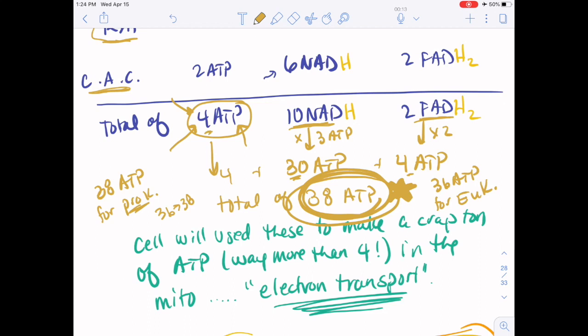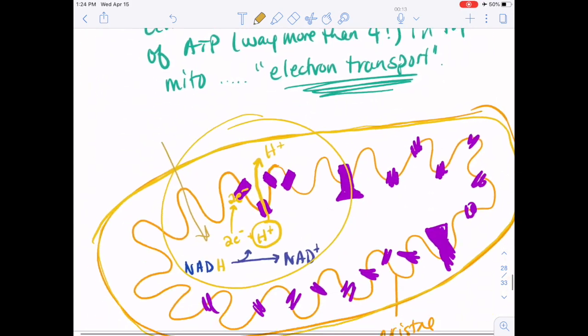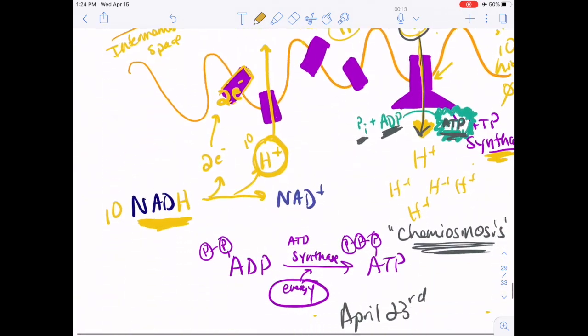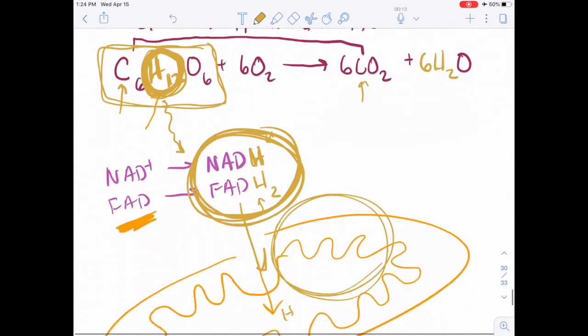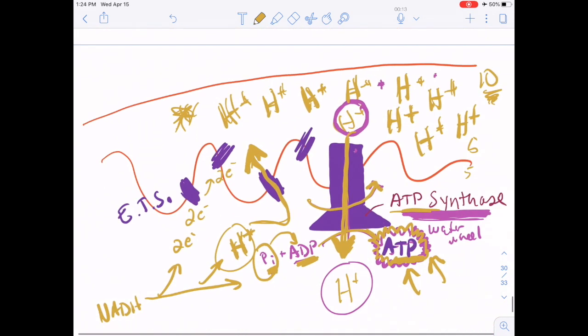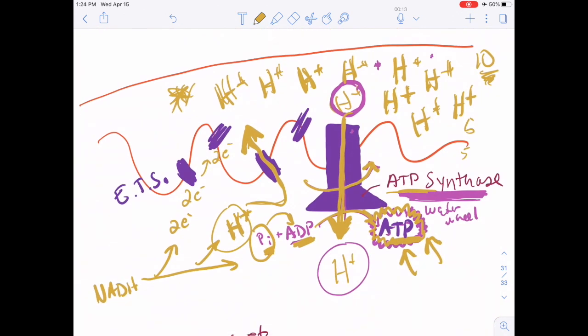Because it's all about this electron transport system setting up that concentration gradient with the protons that releases energy when the protons equalize the gradient through ATP synthase. ATP synthase physically turns, basically, and it uses that energy to put the phosphate group back onto ADP to make ATP. Best bedtime story ever.